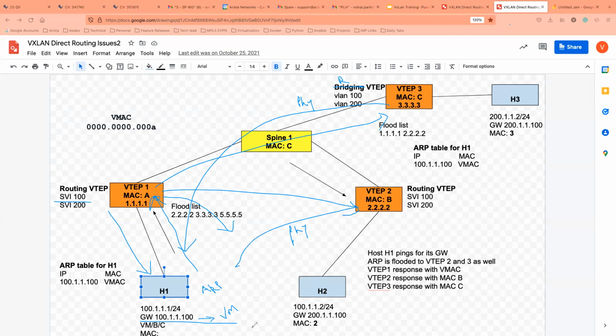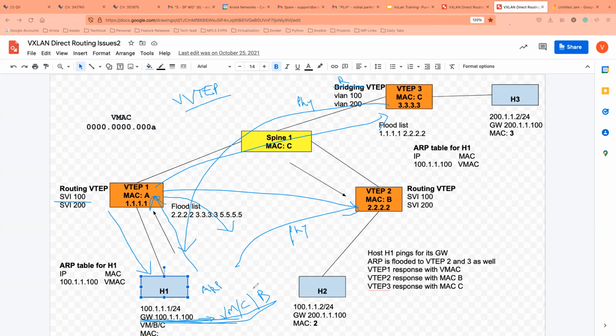And what it will cause at the end host is that it will flap your gateway ARP between the virtual MAC and the physical MAC of your other VTEPs, C and B. So at the end host, your entry will flap. This is another problem, and that's the reason we need the VTEP IP. I'll explain how we are going to resolve this by using the VTEP IP.